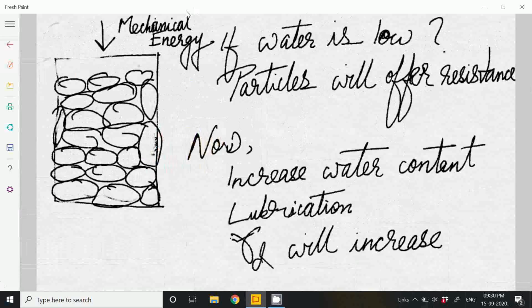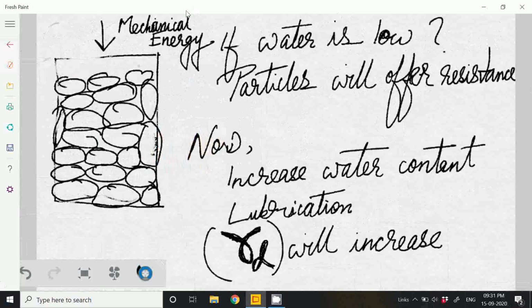You can think like this, that compaction is proportional to the dry unit weight. If your compaction is more effective, then dry unit weight will increase. More the compaction, more the dry unit weight. So this is how it is happening.